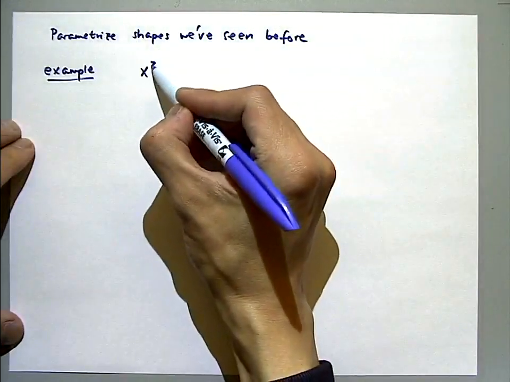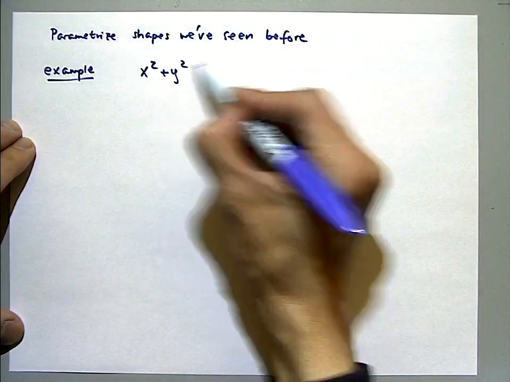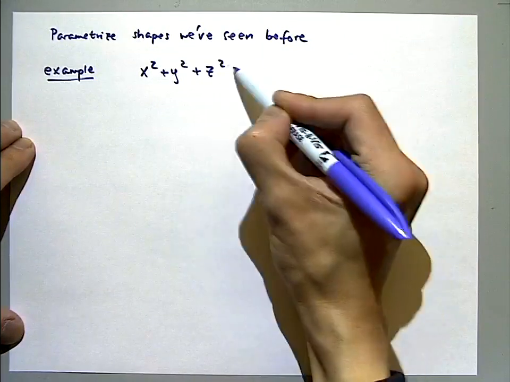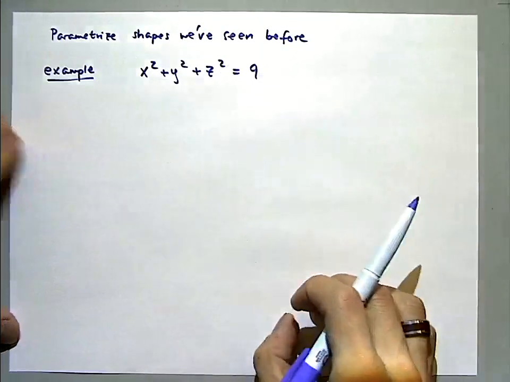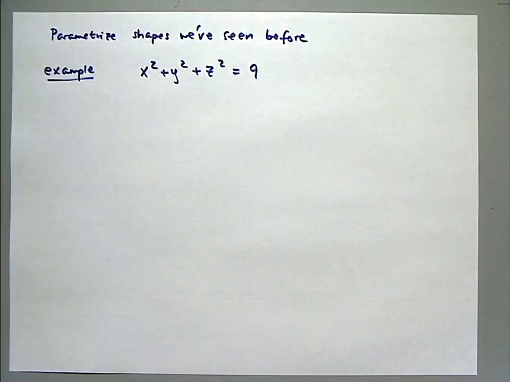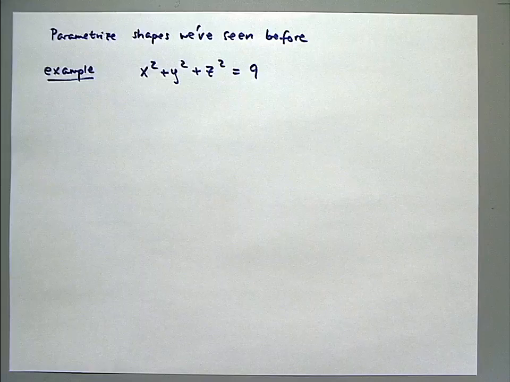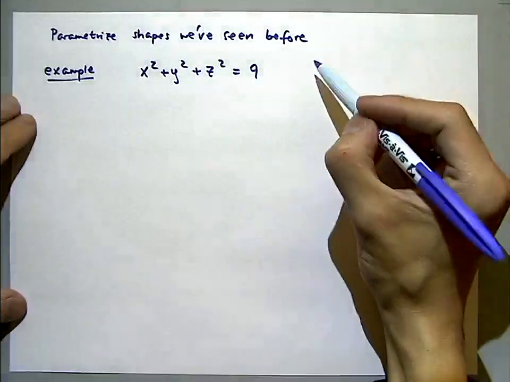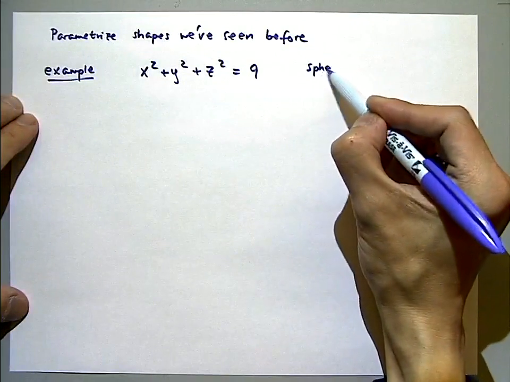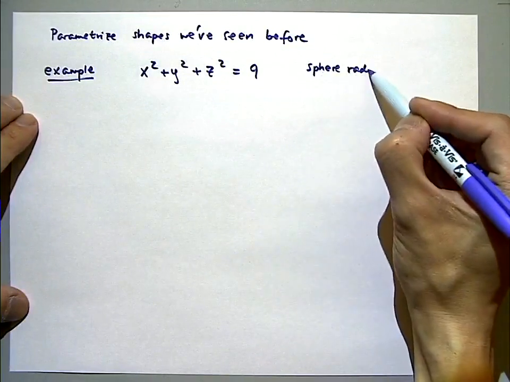Let's start with a simple one. Let's deal with this one here: x squared plus y squared plus z squared is equal to 9. So we all know this is a sphere, radius 3.